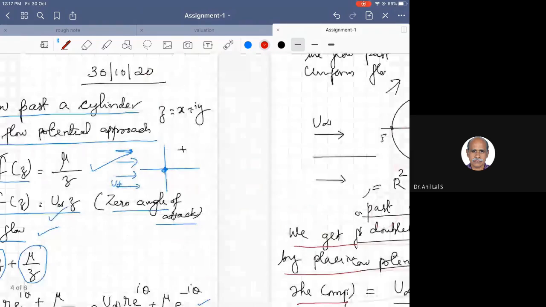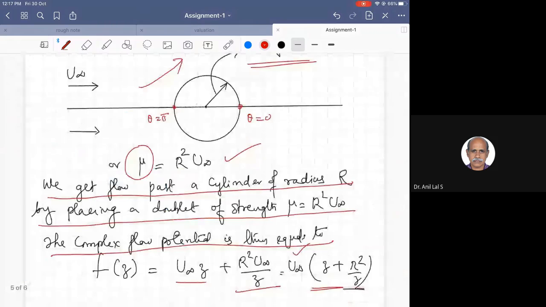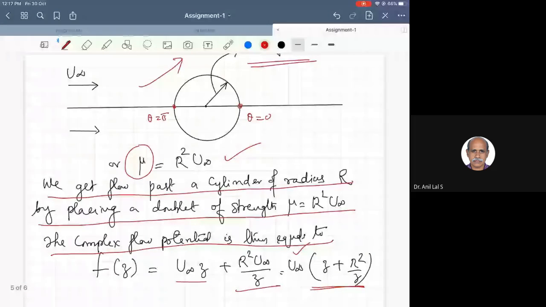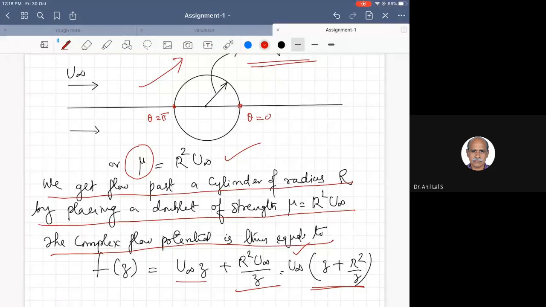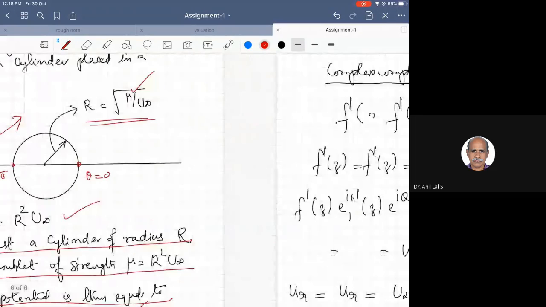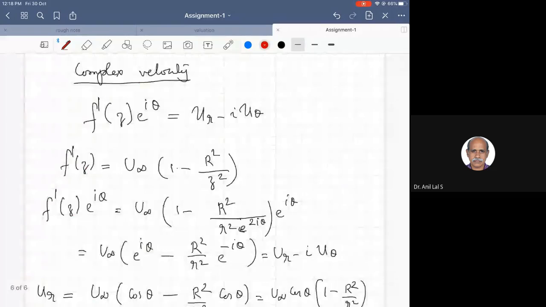Now our aim is to find out the velocity components. So this is about the complex flow potential. That would give you the scalar flow potential and the stream function expressions. Right. So, now complex velocity. We also studied complex velocity.